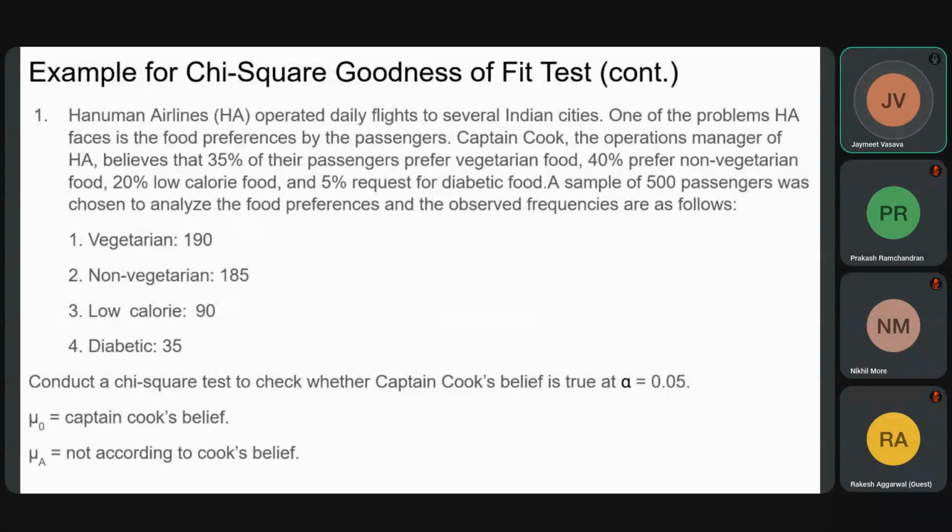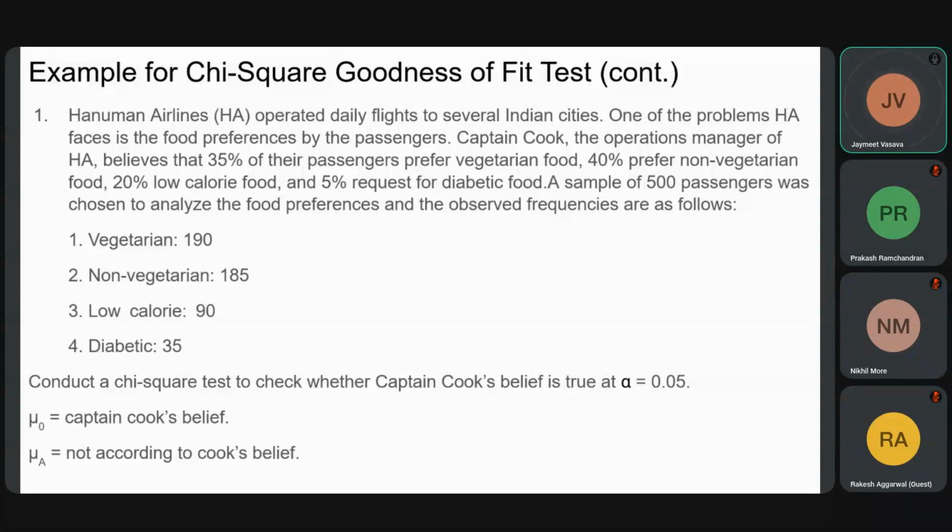To understand the chi-square goodness of fit, we'll be taking an example of an airline, and what kind of food passengers prefer. Captain Cook happens to be the operations manager for the airline. He has a belief of a certain percentage of passengers preferring certain kinds of food.